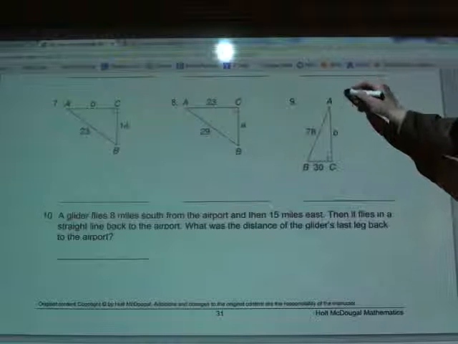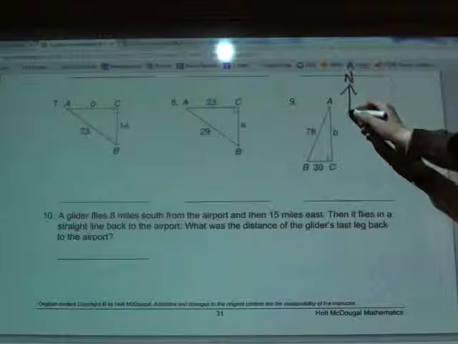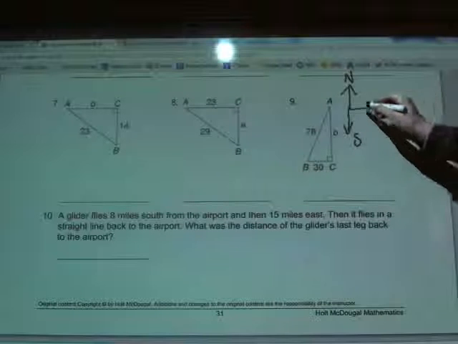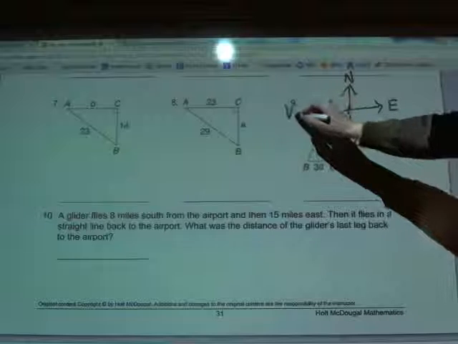What was the distance of the glider's last leg back to the airport? All right, so let's make sure we're oriented with our positions here, because that's really what this question is all about. Traditional directions put north going up on a map. South would generally be down, east would be to the right, and west would be towards the left.